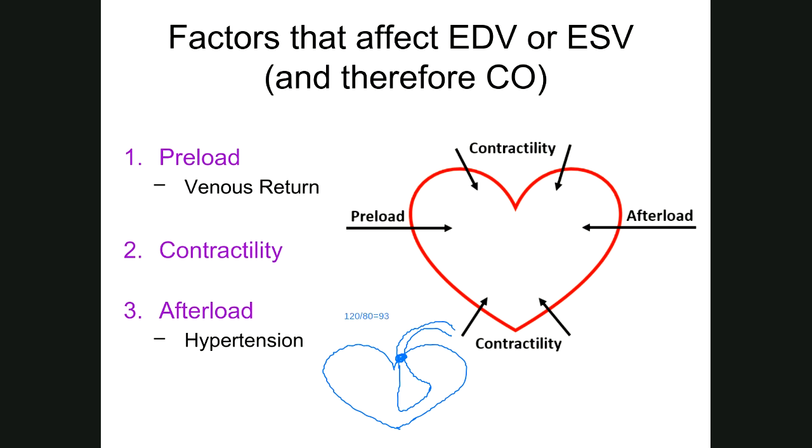Let's say that somebody has terribly high blood pressure. So we're going to go with a situation where their blood pressure is awful. It's 160/120. In that particular case, the average blood pressure is 133. And what that means is our afterload has increased, so there's much more back pressure on the left ventricle.